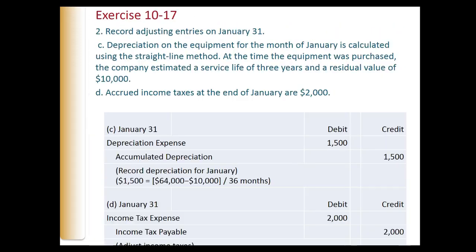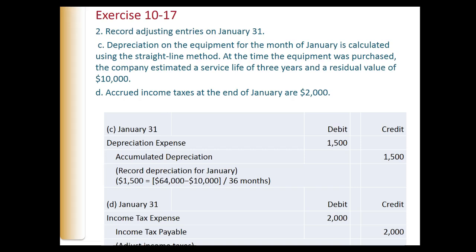So our equipment of $64,000 minus our residual value of $10,000 gives us the amount that we will depreciate, $54,000. Divide that by 36 months gives us $1,500 that we will depreciate for the month of January.